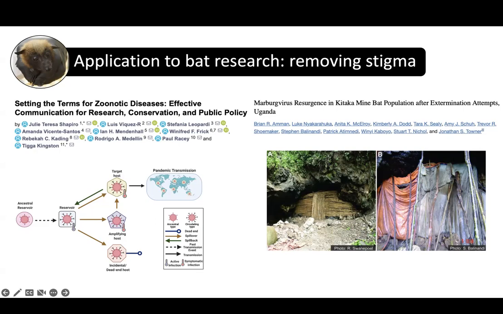Another source of stigma, which is touched on in the Shapiro paper, is miscommunication over the capacity of what data can tell us. So with Marburg virus, which is in the same family as Ebola virus, one particular species of bat has been definitively described as the reservoir host. That is the bat where this virus normally circulates.